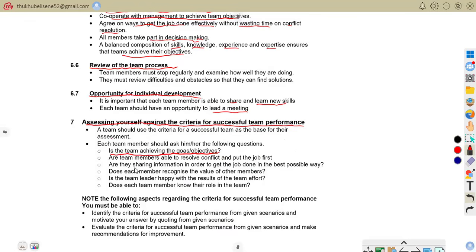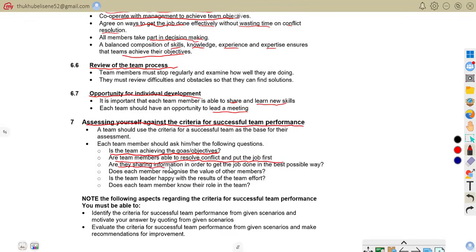That is a question each team member should ask him or herself, so that he or she knows whether the set objectives and standards are achieved or not. Are team members able to resolve conflict and put the job first? Are we putting the job first? Are we able to solve the conflicts?